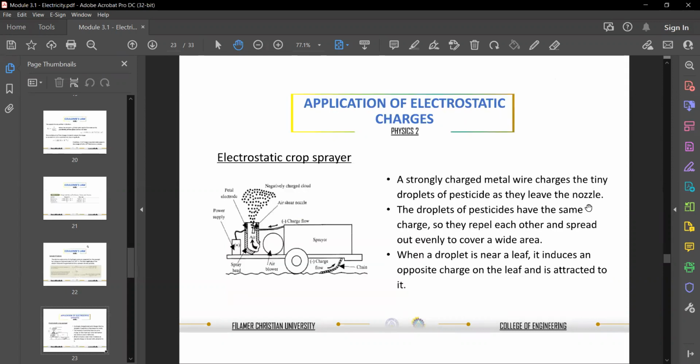So, applications of Coulomb's law. First, the electrostatic crop sprayer. A strongly charged metal wire charges the tiny droplets of pesticide as they leave the nozzle.